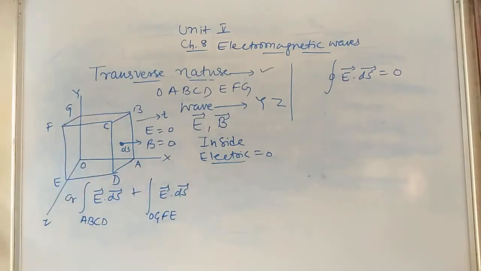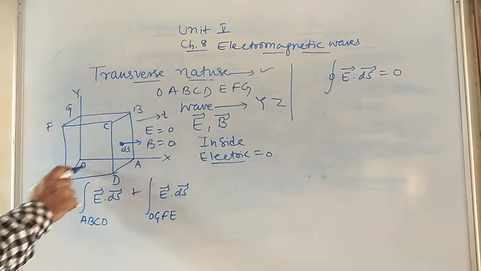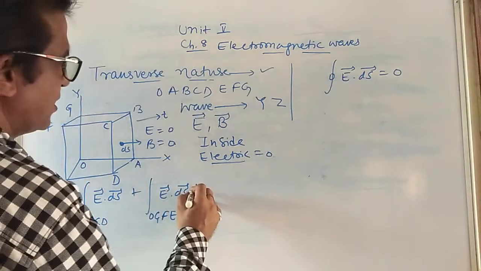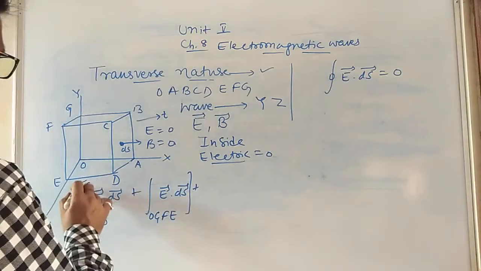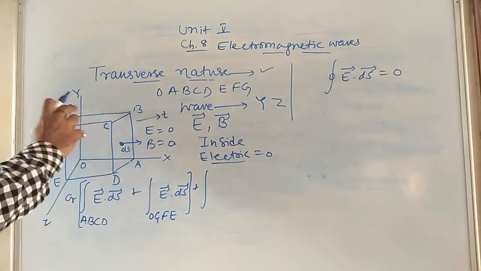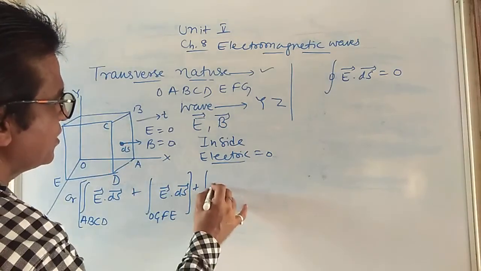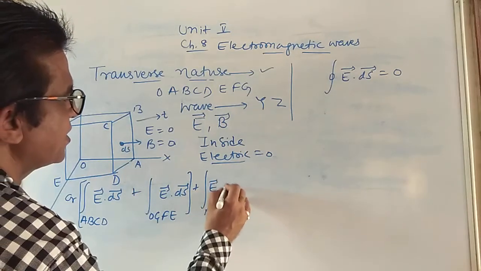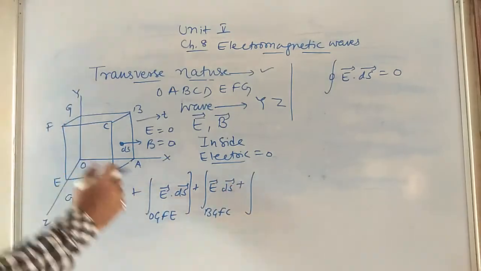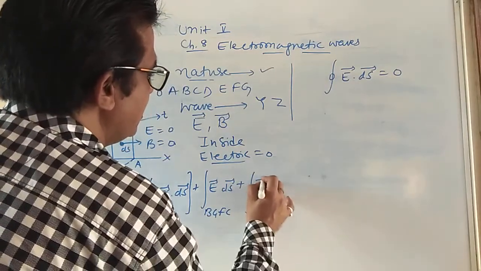There are 6 faces. Then B, G, F, C and O, E, D, A, both are in front of each other. Write this: integration of B, G, F, C, E dot ds, plus O, E, D, A, E dot ds.